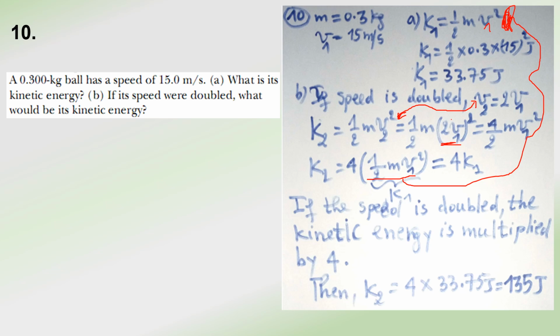Then we see that the second kinetic energy is equal to 4 times the first kinetic energy. By conclusion, if the speed is doubled, the kinetic energy is multiplied by 4, where the final kinetic energy equals 135 joules, meaning 4 times 33.75 joules.